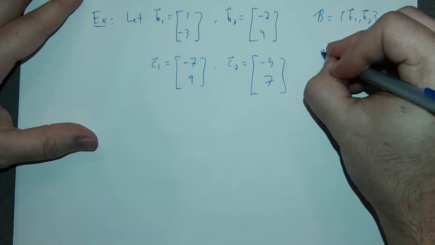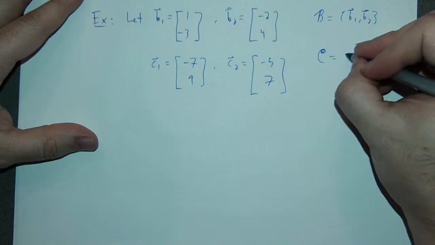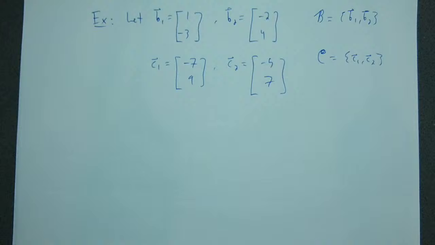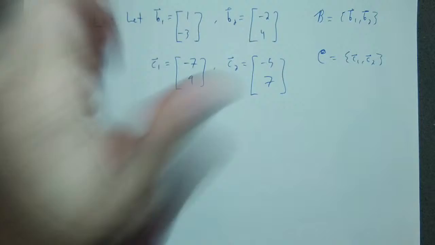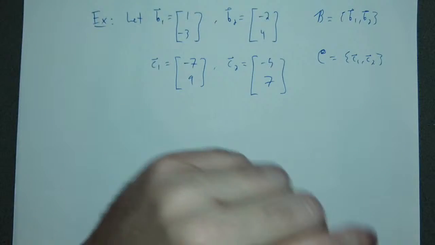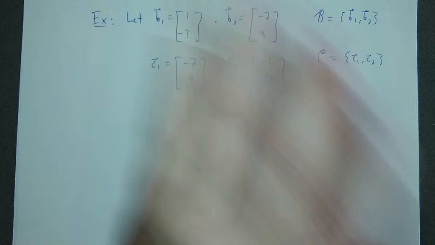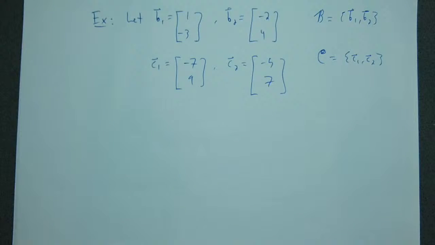And script C is {c1, c2}. So these are both bases for R2. You can figure that out pretty quickly. They're linearly independent because they're not scalar multiples of each other. So both of these are bases for R2.